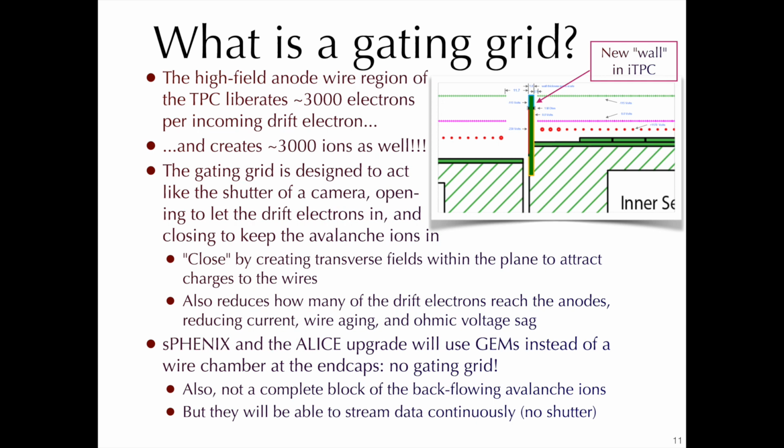And then one has to determine whether that's an okay amount to allow through or not. This, of course, enables them to not have to open and close, because the GEM operates in a continuous mode. You just stay at this potential and it blocks most of the ions, but not all of them. And because it's in a continuous mode, you can just continually stream out data. You don't have to wait for this shutter to open to collect the electrons and see what happened inside the TPC. So it's a trade-off.